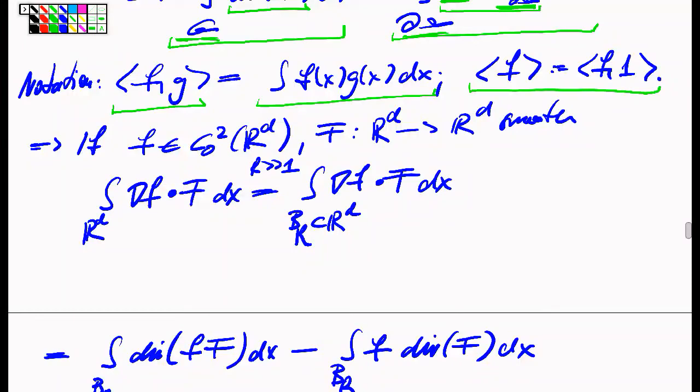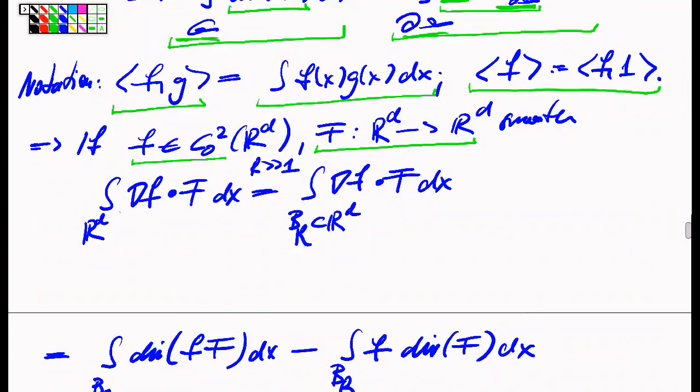So suppose you have now a function f, which is smooth on Euclidean space and which is compactly supported, where this C0 is supposed to indicate that the function f is compactly supported, and let F be some smooth vector field.